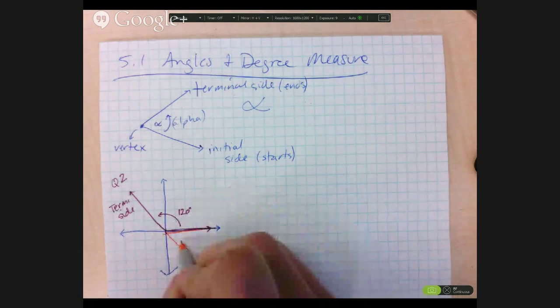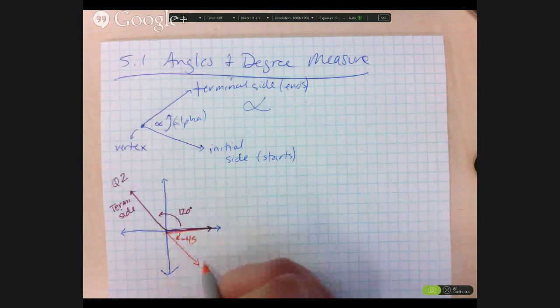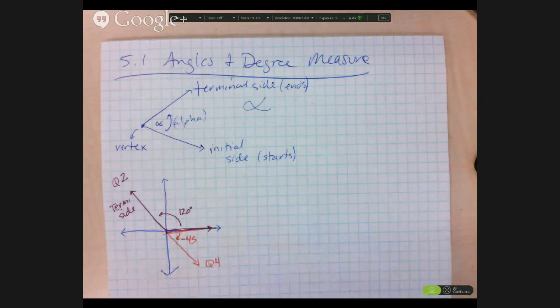Okay, this is a negative angle with the terminal side in quadrant 4. So negative angles go clockwise.